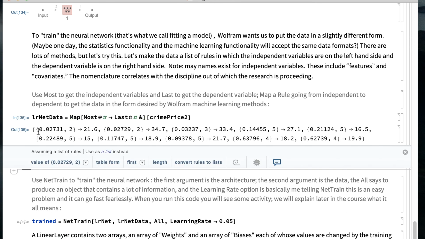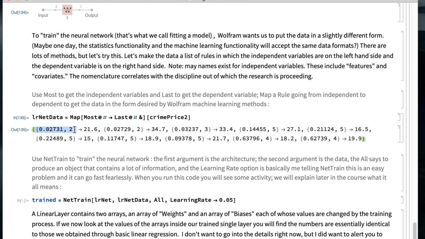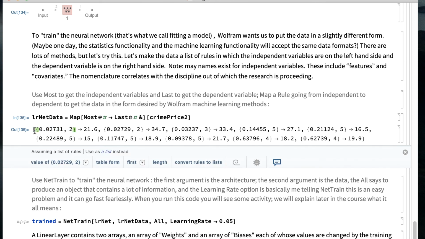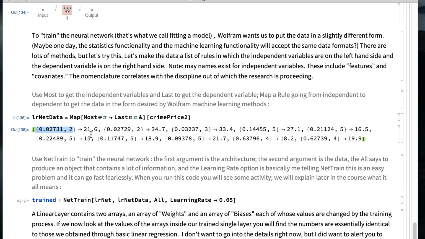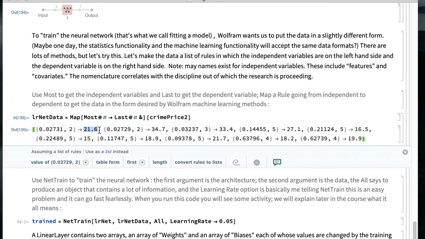You'll see we have our covariates, our features, our independent variables on the left side of the arrow, and what we're trying to predict is on the right side of the arrow. It's just that Wolfram Language's machine learning capabilities, which were made after the statistical capabilities, use a slightly different data format than the statistical capabilities, and so you have to write a little bit of code to transform between the two. My dream is that one day this will not be necessary.